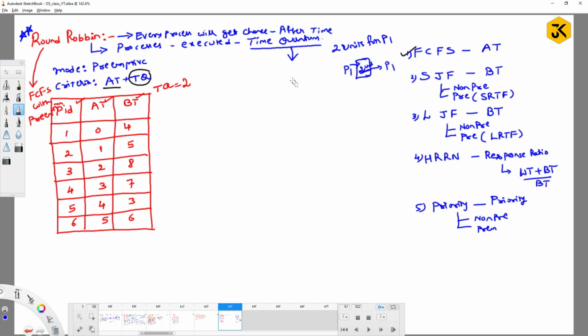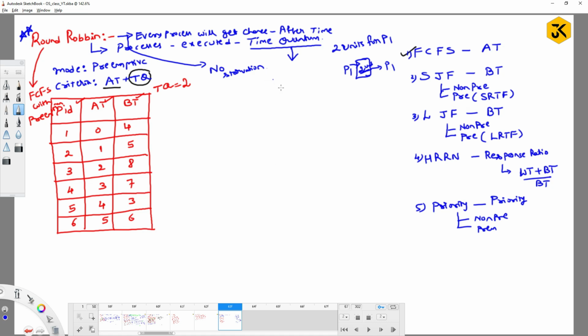Based on this definition, can I say there is no starvation? Yes, definitely there won't be any starvation in the round robin algorithm.